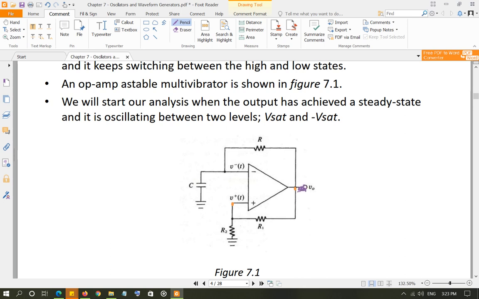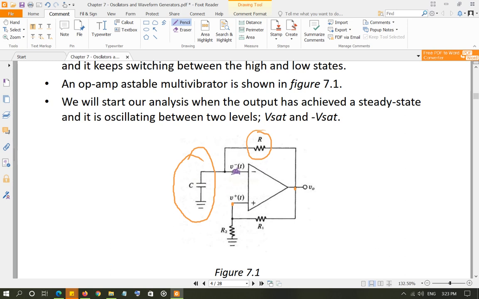So these are basically derived from the comparator circuits. The difference between this one and comparator circuits is that oscillators include timing: a capacitor in series with a resistor. Of course, they are in series.